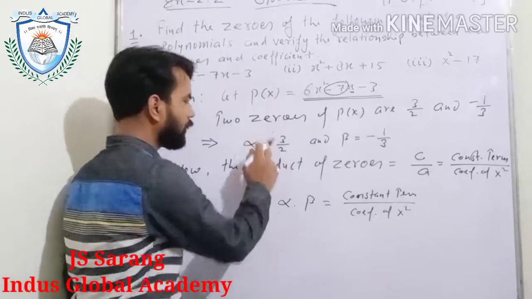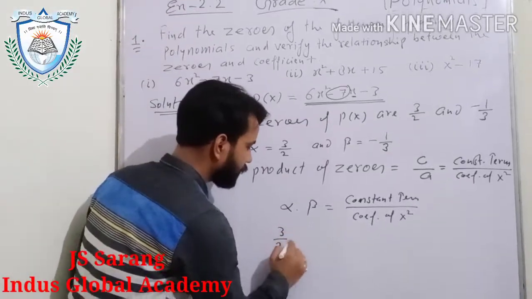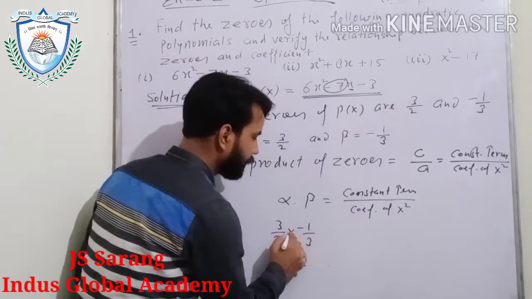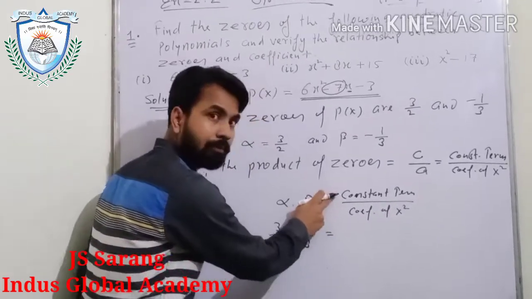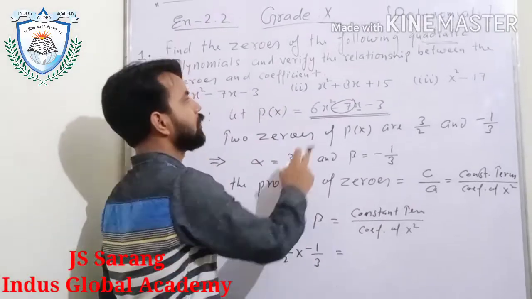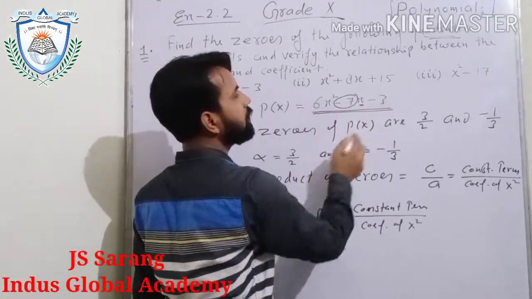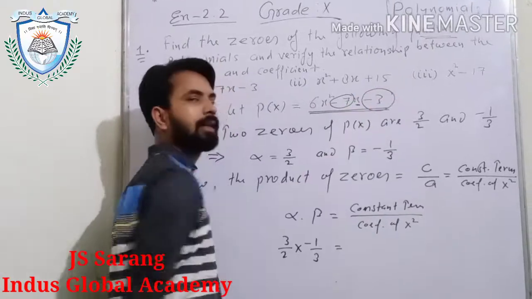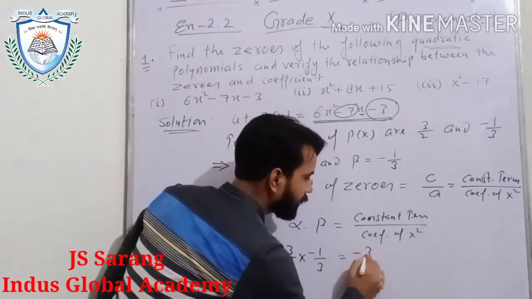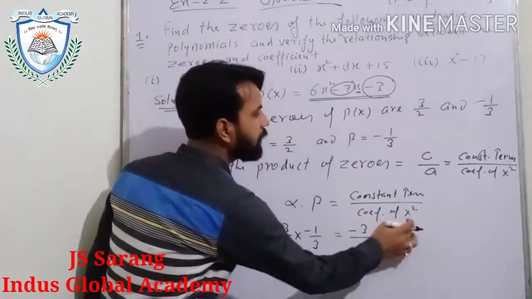So alpha is 3 upon 2 into beta, which is minus 1 upon 3, equal to the constant term from where? From the given polynomial. So here in this polynomial, what is the constant term? That is minus 3. So we have to put here minus 3 upon the coefficient of x square.